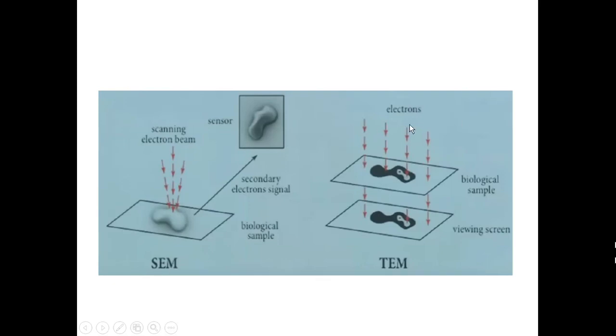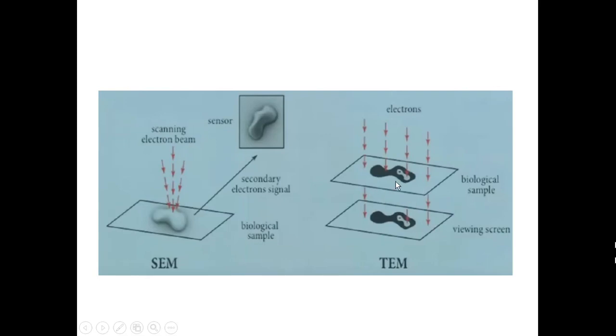But in the case of TEM, what is happening? The electron beams are directly passing through the biological sample. We have taken a biological sample, not another material. It penetrates through the sample depending upon the thickness of the sample, so that it creates the image of the sample like this. Some of the electrons, after interaction, pass through as inelastic electrons.